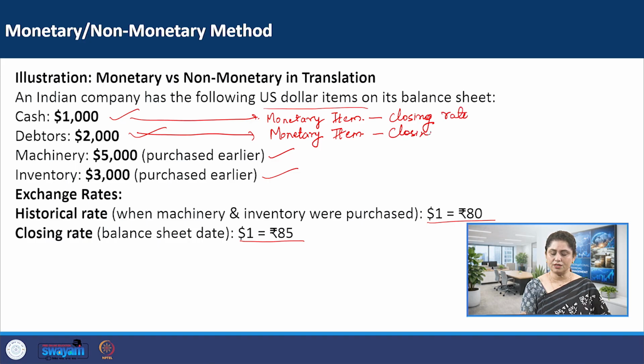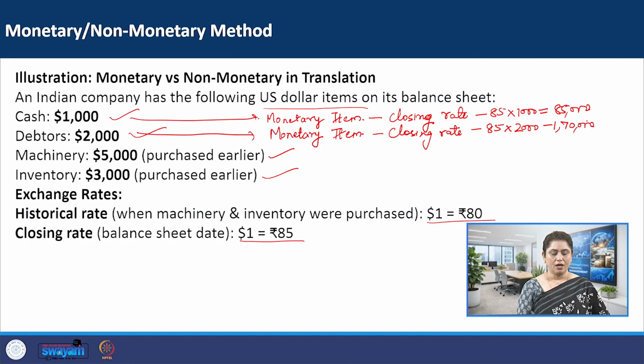And what is the closing rate? The closing rate here given to us is 85 rupees. So if I have to convert the cash, it is going to be 85,000. And if I convert the debtors, that is $2,000, it is 1,70,000.